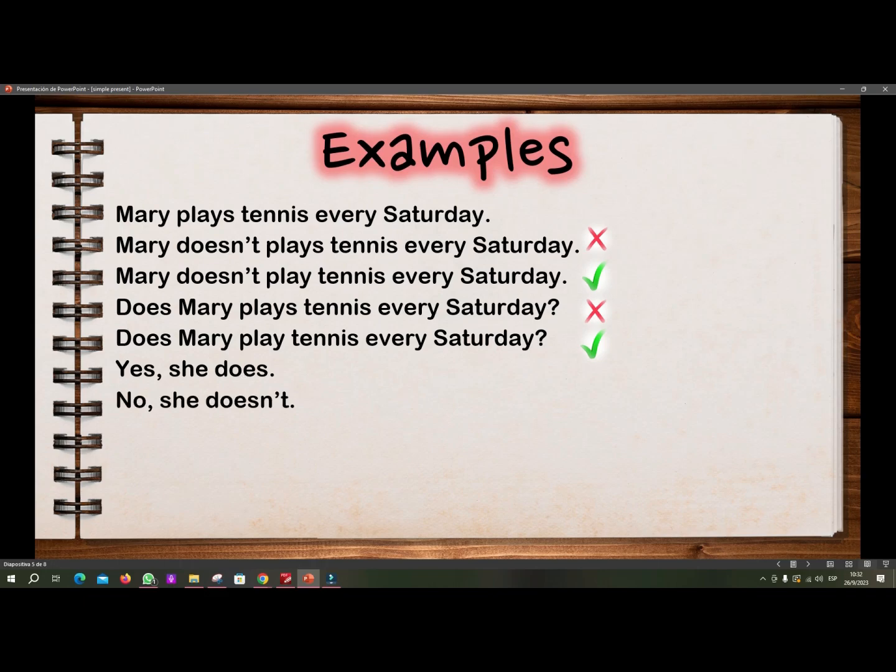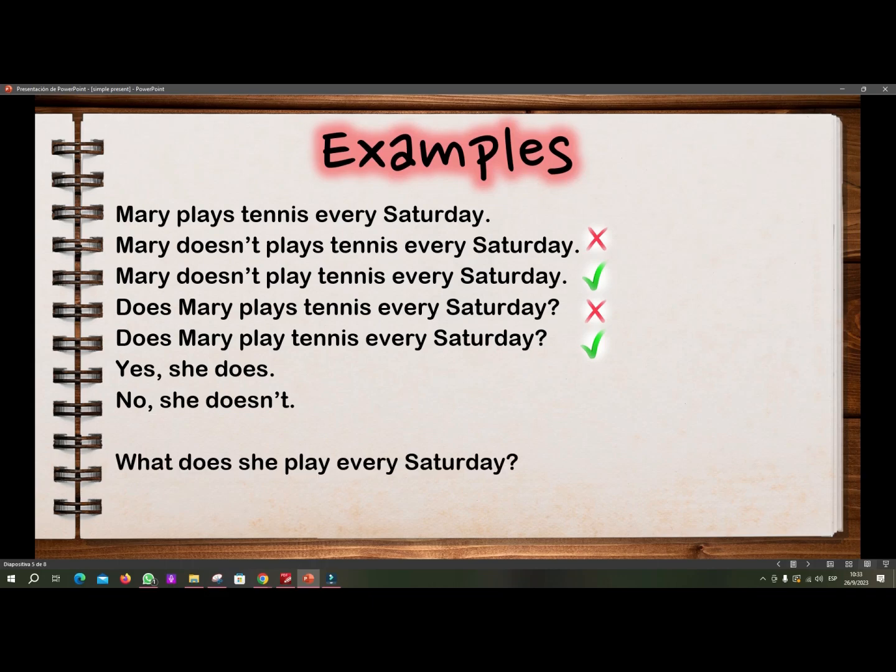If it is negative, you're going to have no, she doesn't. Si fuera negativa, ¿verdad? En este caso, ustedes van a utilizar no, el sujeto, y doesn't, que sería does not, ¿verdad? No necesitan agregar información extra, solo de esta forma ya están respondiendo la pregunta.